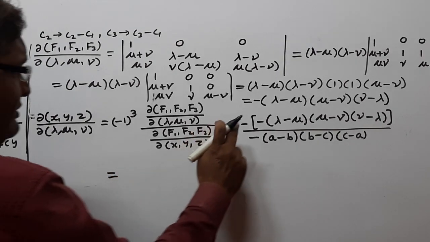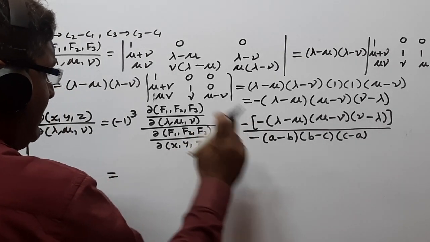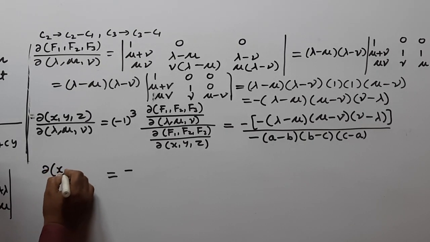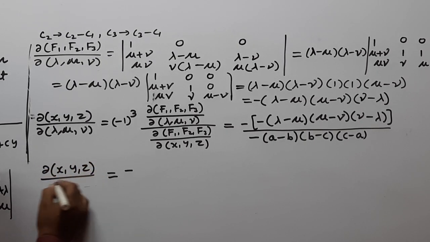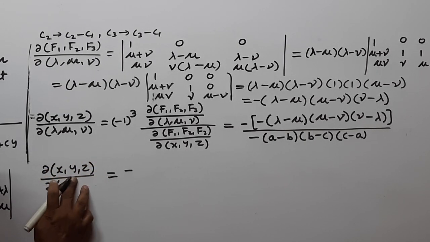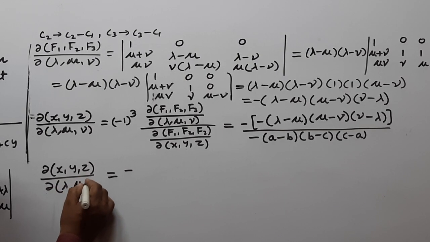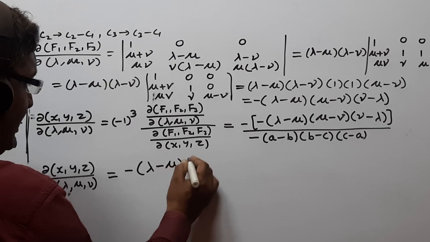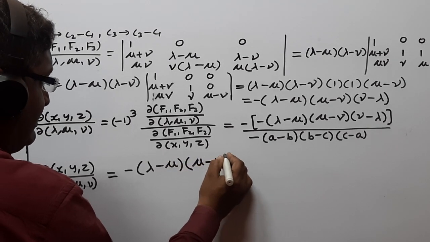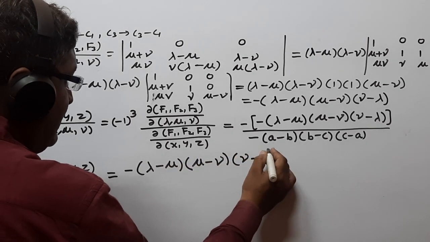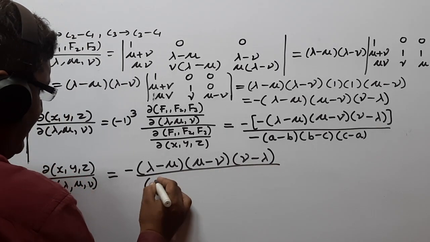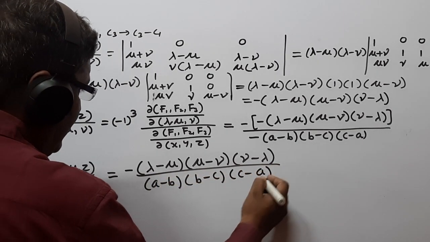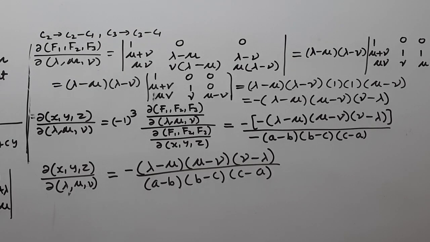Now you can see that this minus and minus is plus here, and this is minus. So this Jacobian of x, y, z with respect to lambda, mu and nu is equal to minus times (lambda minus mu)(mu minus nu)(nu minus lambda) divided by (a minus b)(b minus c)(c minus a). Thank you.